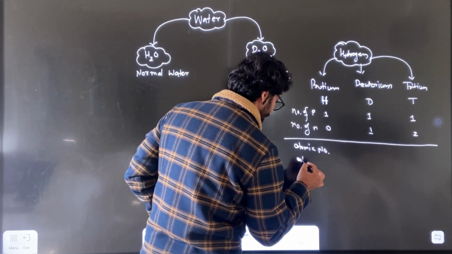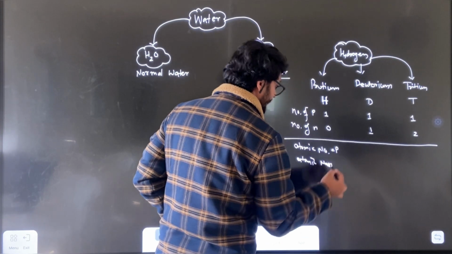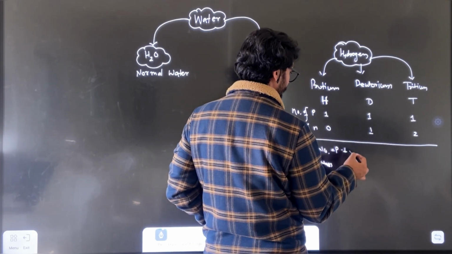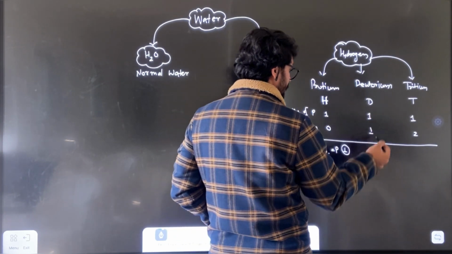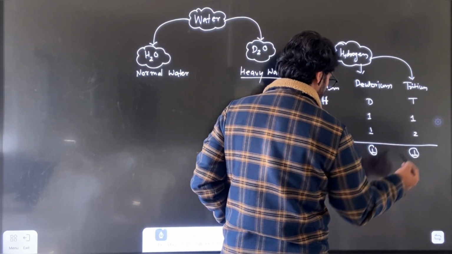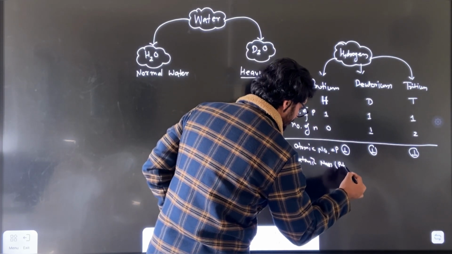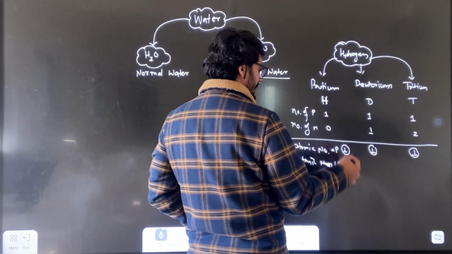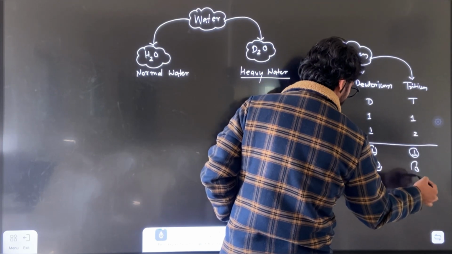The atomic number is equal to the number of protons, so for protium, deuterium and tritium the atomic number is 1. But the atomic mass is the number of protons plus the number of neutrons, so protium has atomic mass 1, deuterium has 2 and tritium has 3, right?